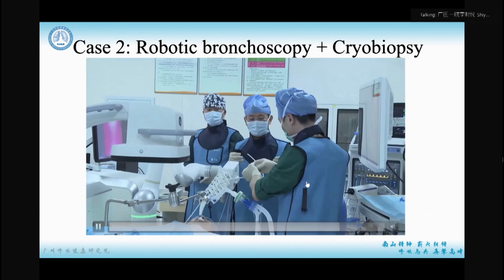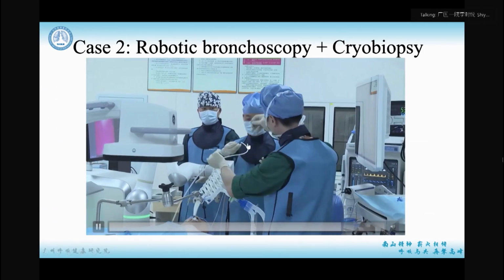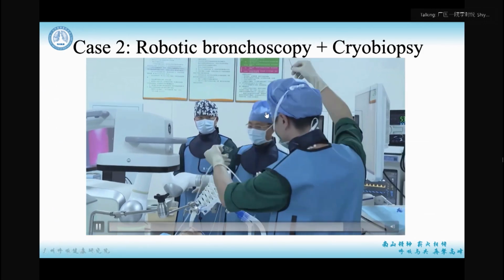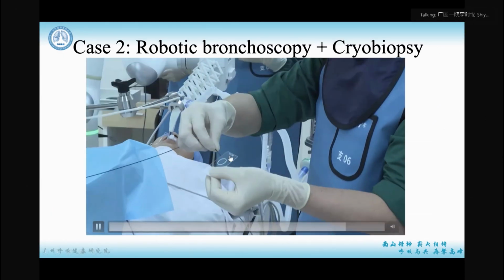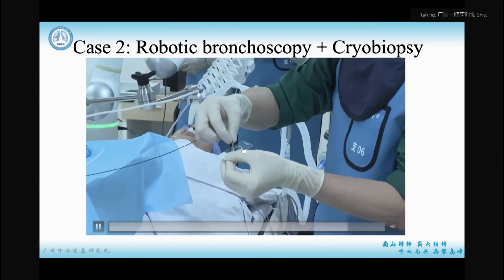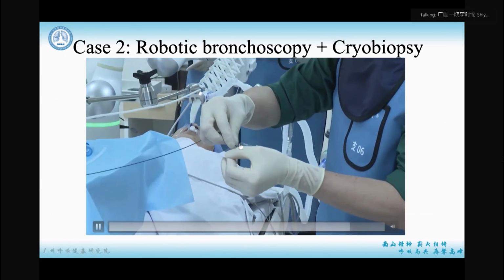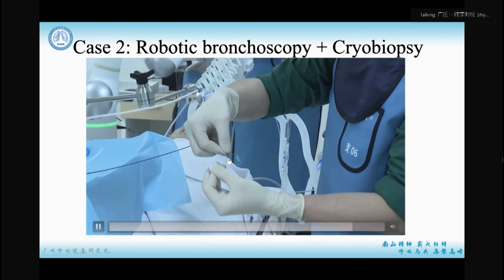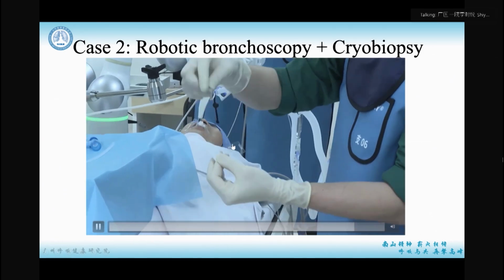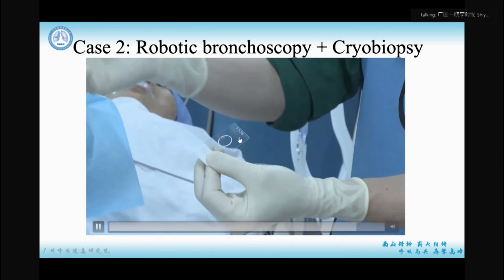This is a 1.1 millimeter diameter probe. We freeze for 6 to 7 seconds, and then take the tissue.